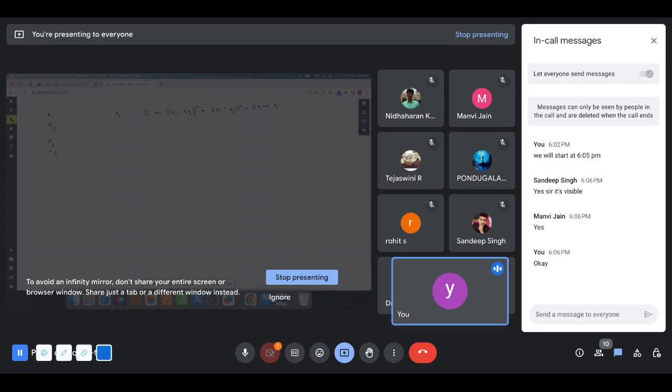You are given the 4 points, x1, x2, x3. So let's call this d square of x1. Similarly, you evaluate d square of x2. With respect to x2, you have to compute everything.